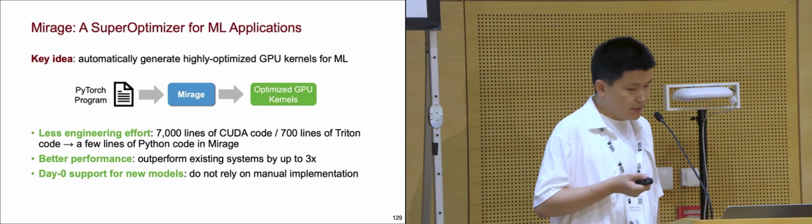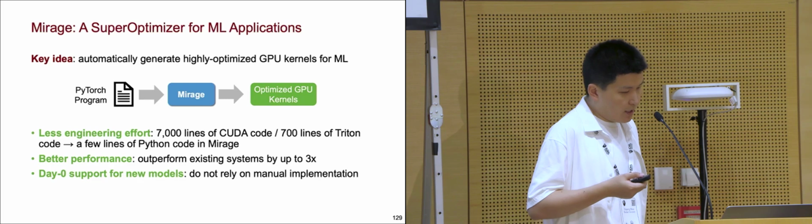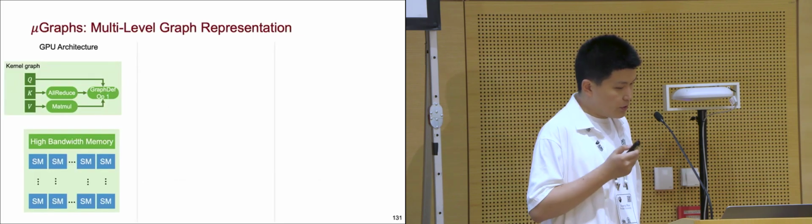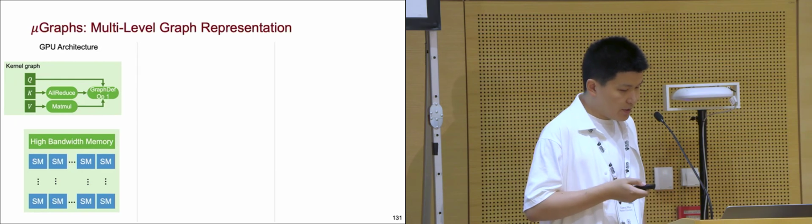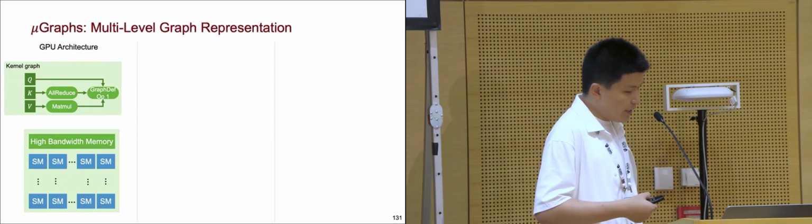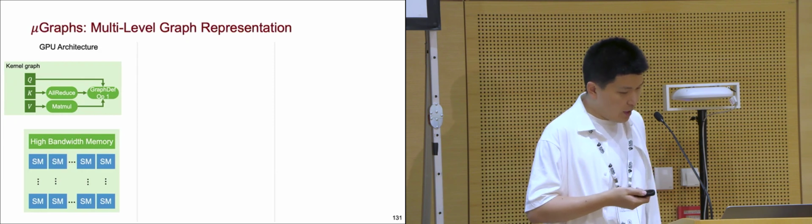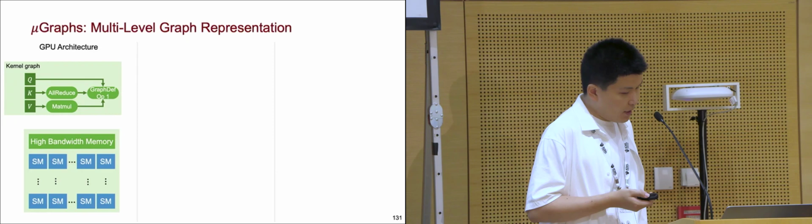So we have recently developed Mirage, which is a superoptimizer for language models. The key idea behind Mirage is to automatically generate high-performance GPU kernels without relying on GPU expertise to manually design and craft potential optimizations. It offers 3 key advantages.